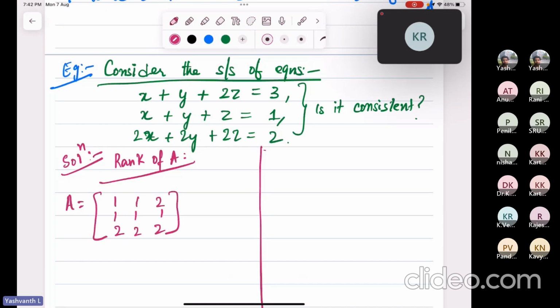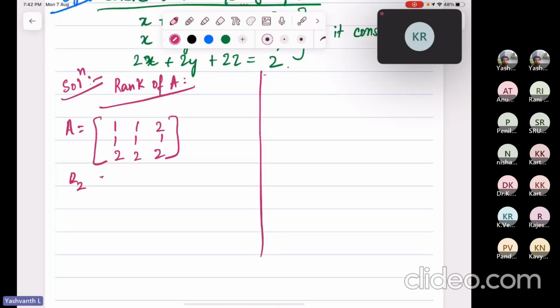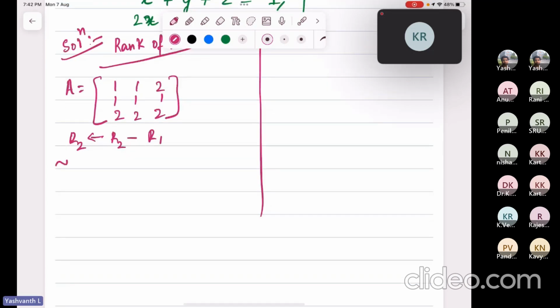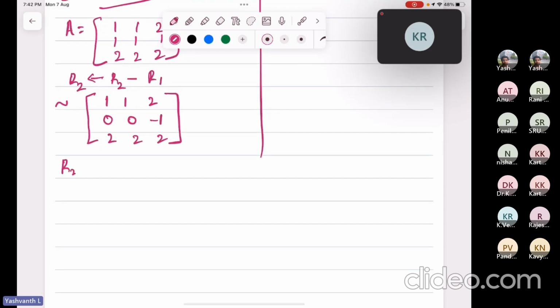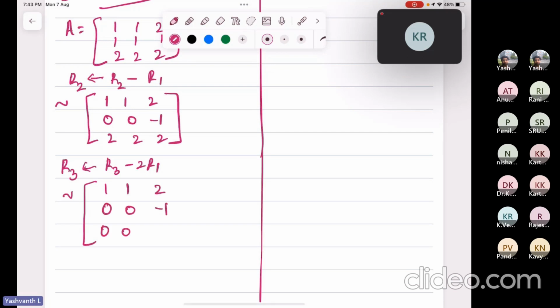As in the last session we saw that Gaussian elimination is the key. So R2 becomes R2 minus R1, which will give us 1 1 2, 0 0 minus 1, 2 2 2. Then R3 becomes R3 minus 2R1, same as 1 1 2, 0 0 minus 1, 0 0 minus 2.